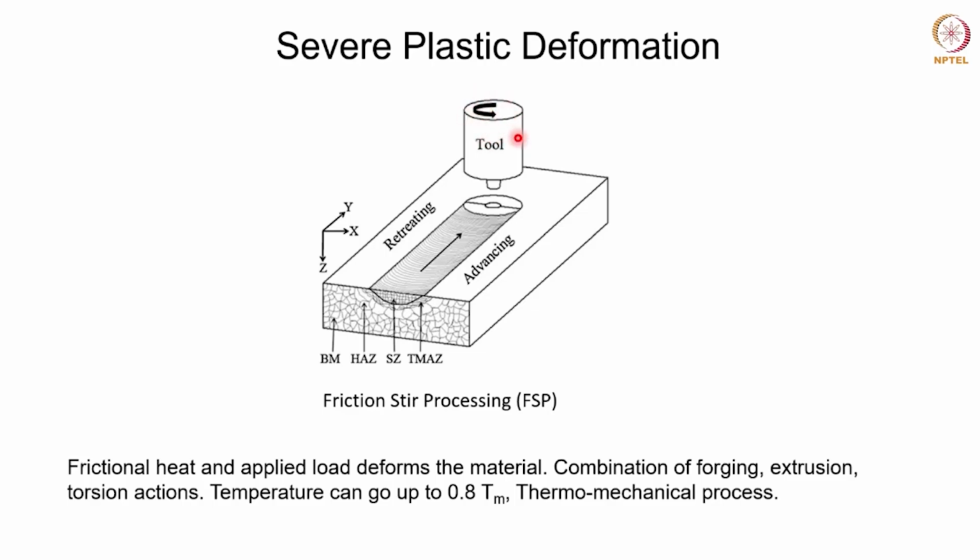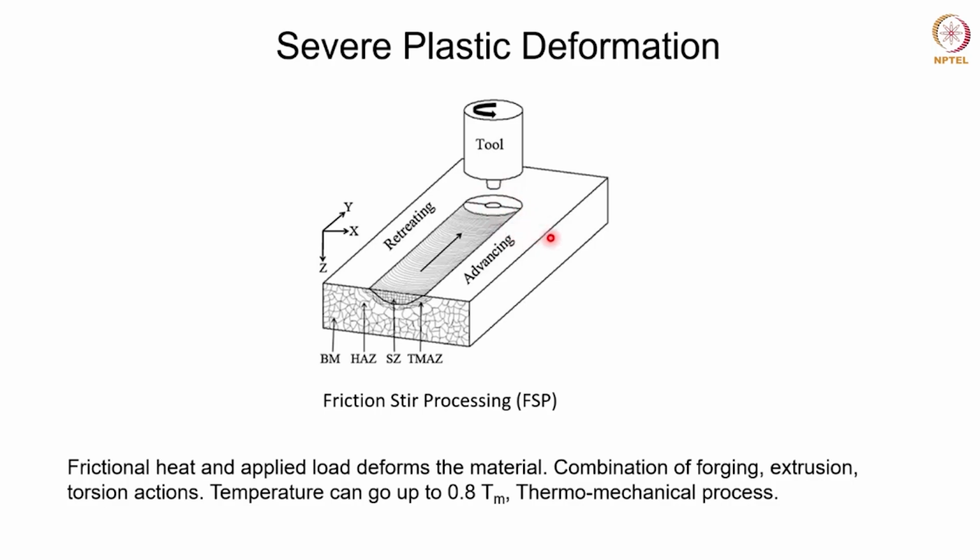As this pin plunges into the workpiece, the shoulder will touch the workpiece surface, and as the tool is rotated at high speed, with the simultaneous application of the vertical load, a large amount of frictional heat will be generated at the tool workpiece interface, and that will actually first soften the material.